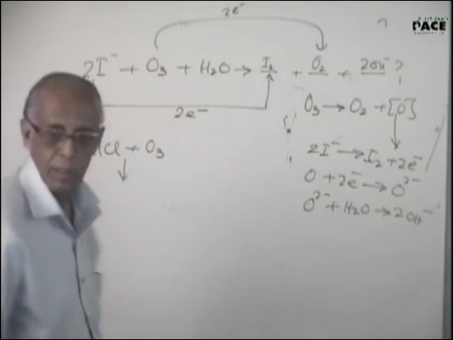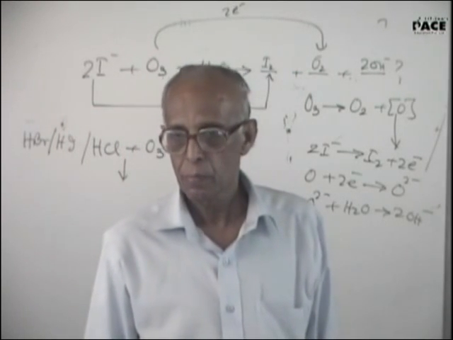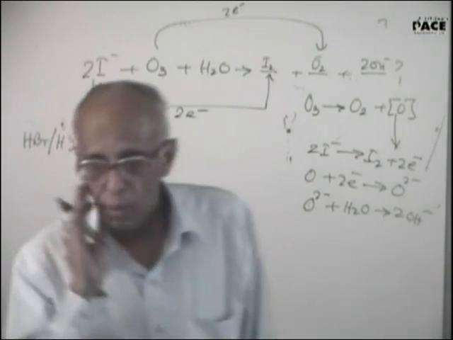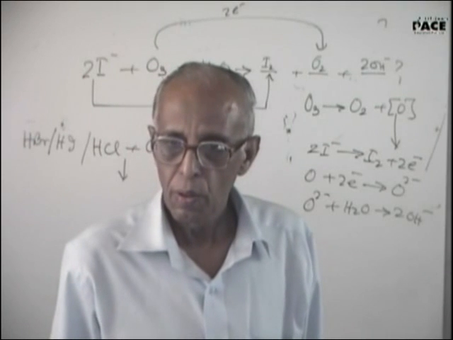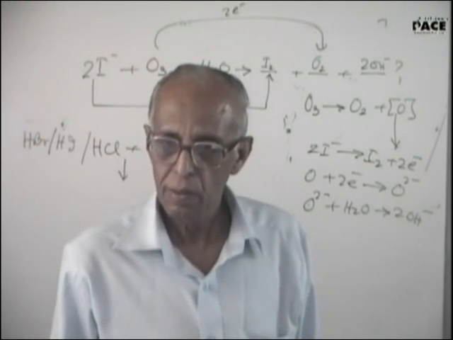So how can we say that the O2 so formed in the reaction is as a result of O3's decomposition and not H2O's decomposition? Means O2 formed is only because of O3. Yes. How can we say that?